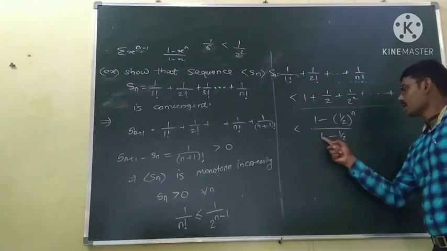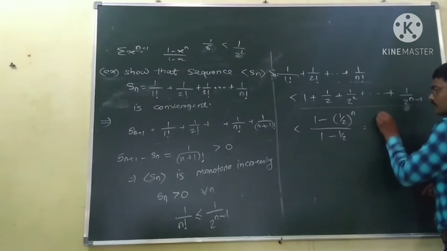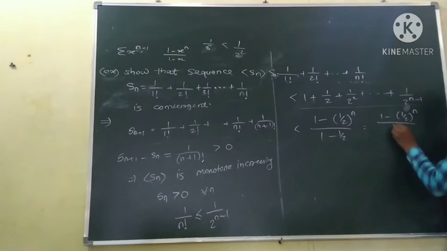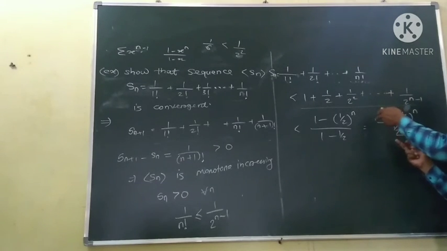Okay, so we will calculate this. 1 minus 1 by 2 is 1 by 2. So this is equal to 1 minus 1 by 2 raised to power n upon 1 by 2, so the 2 goes to the numerator.